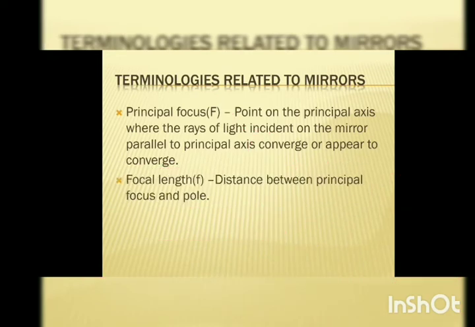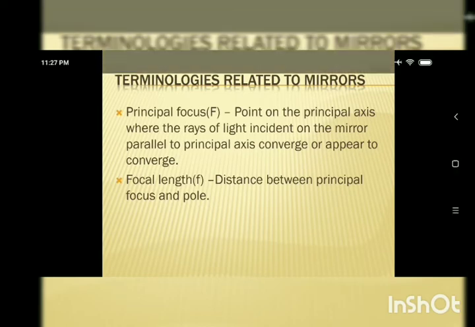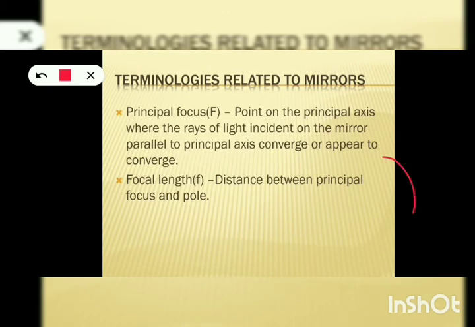So what is the next terminology? Focal length. And what is focal length? It is the distance between principal focus and pole. So if you consider a concave mirror like this, we know this is the pole, the center of the mirror, this is the center of curvature, and this will be the focus, the principal focus.